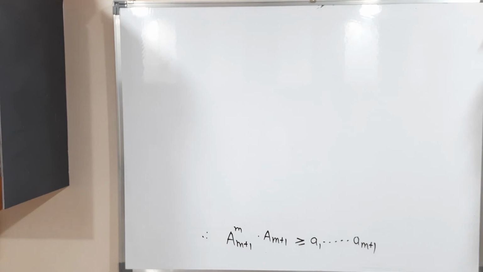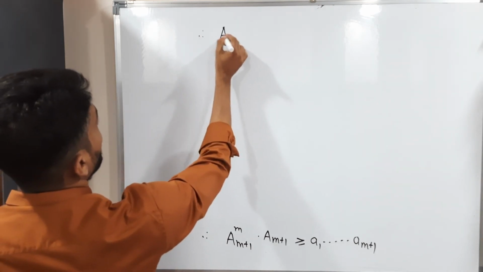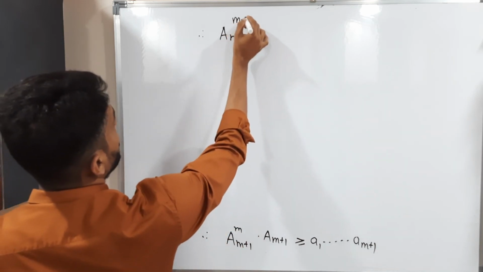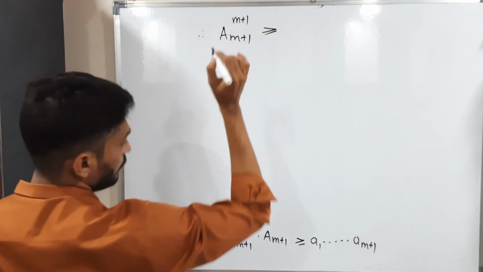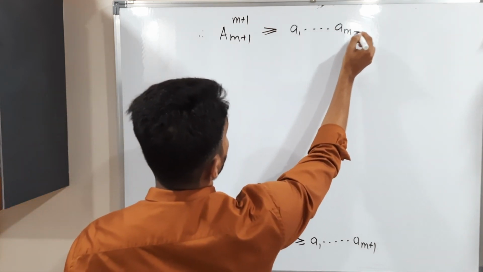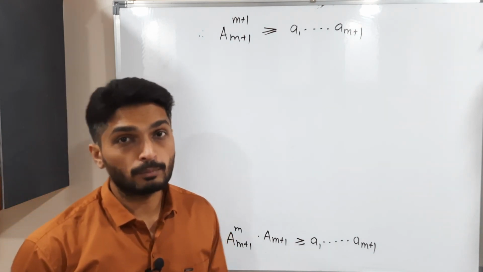See, both of them have the same base, so we can add powers. So, therefore, Am plus 1 raised to m plus 1 is greater than or equal to a1, a2 and so on to am plus 1. After that, I am going to take the m plus 1-th root of both sides.